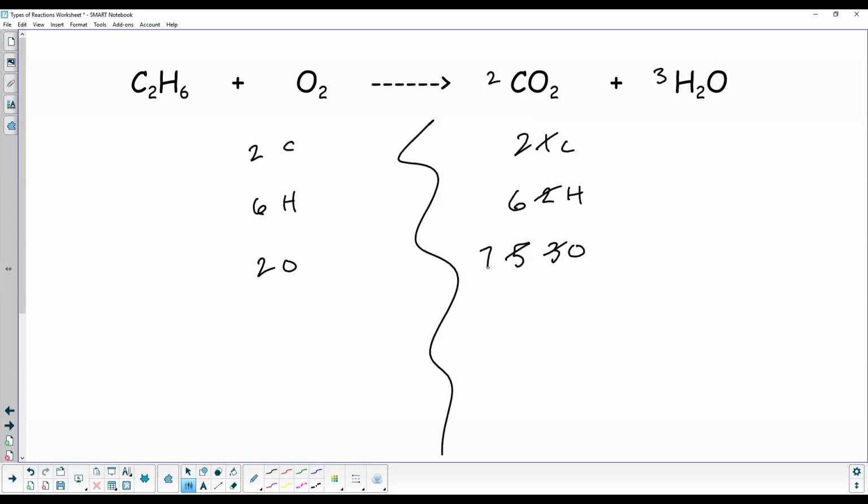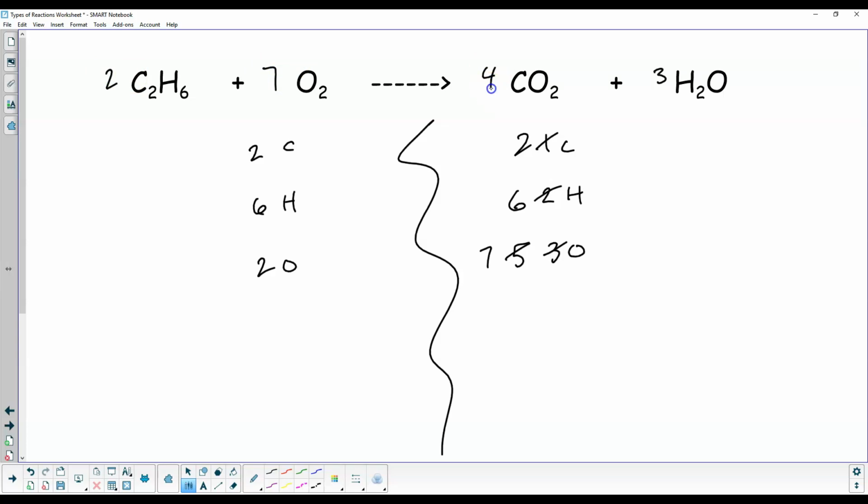We actually didn't do one like this, but I'm going to kind of give you a hint here what you would need to do. Yeah, because this is one of those goofy ones. I guess I didn't notice that. Just to give you guys kind of a hint, what number times 2 is 7? Well, it's 3.5. But you can't have 3.5, so you got to double everything. This is going to be 7. This is 2.